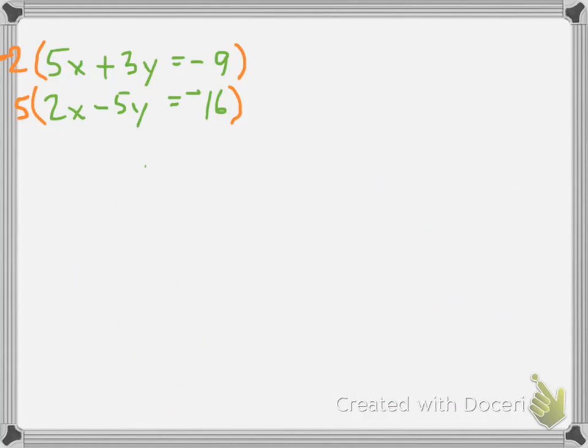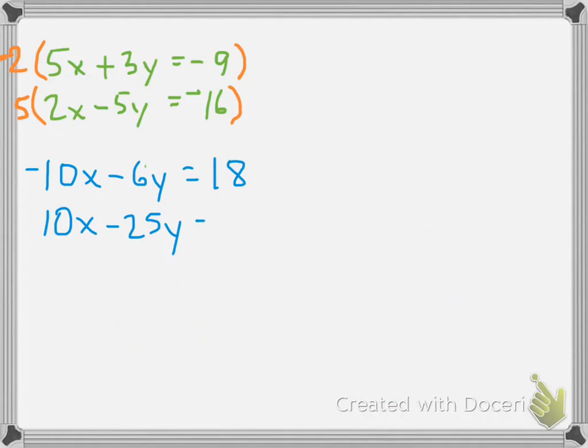If I distribute, I end up with negative 10x minus 6y is equal to 18. And then the bottom would be 10x minus 25y is equal to negative 80. Once I distribute, I'm able to add up and down.